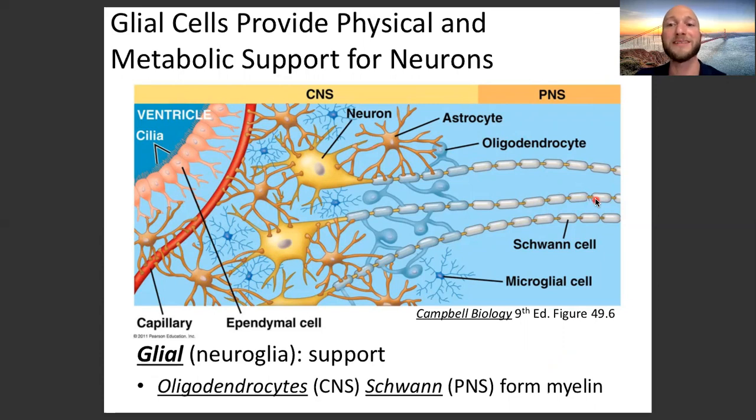There are many diseases that affect myelin that have devastating effects on a person's life. So, central nervous system, myelin comes from oligodendrocytes. Peripheral nervous system, myelin comes from Schwann cells. You can see here, to the left of this spot is central nervous system. To the right is peripheral nervous system. You got oligodendrocytes here and Schwann cells here.